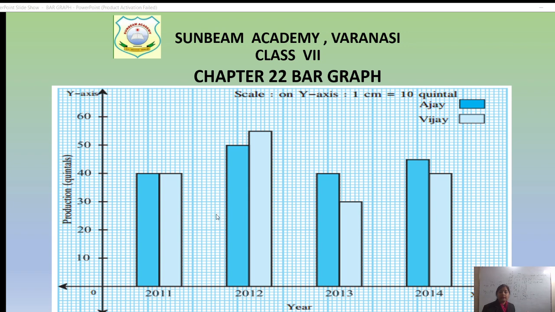So in the year 2011 both were having the same number of production, 40 quintals दोनों के थे. But in 2012 Vijay's production increased, है ना? In 2013 it decreased. अजय अब आगे बढ़ गए and in 2014 also Ajay's production is more than Vijay's production.